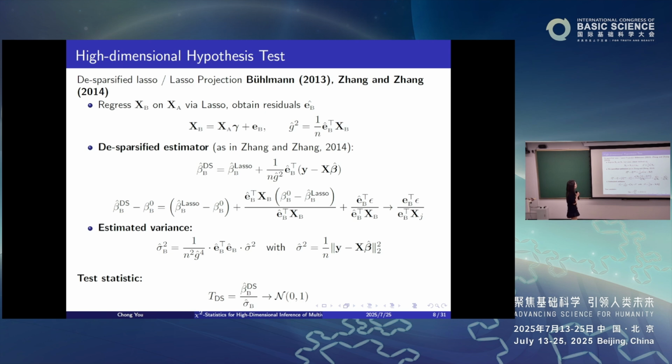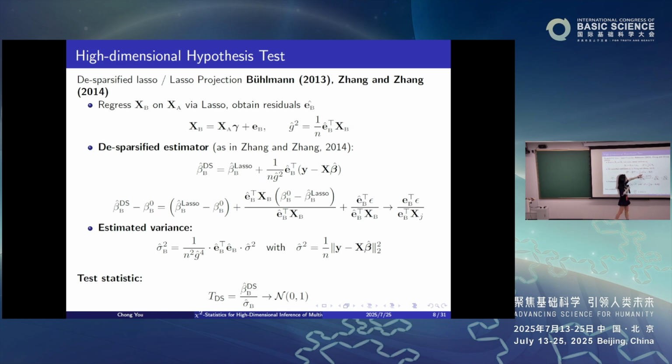So what they did is, again, regress XB on XA, like what they did in the second step of the previous method, and you will have the residual EB. This residual EB should be independent or orthogonal to XA. Also, under the null hypothesis, we know that the residual without the hat should be independent of EB as well, because the residual should be orthogonal to X, and so orthogonal to both XA and XB.